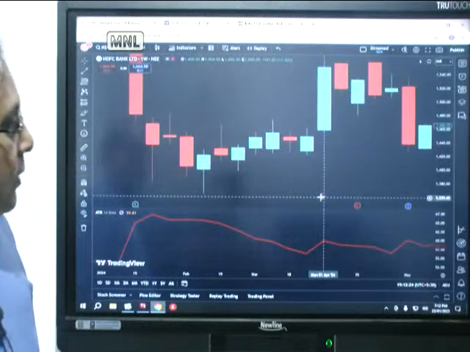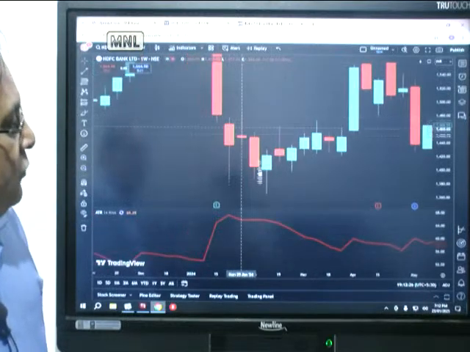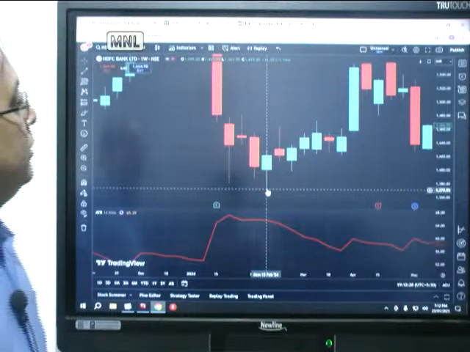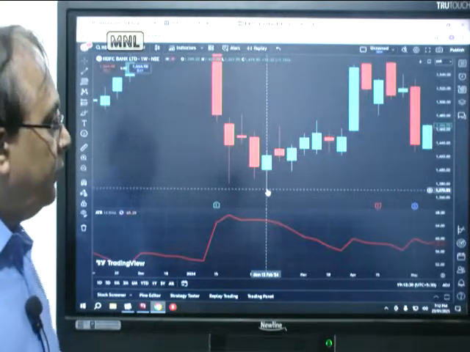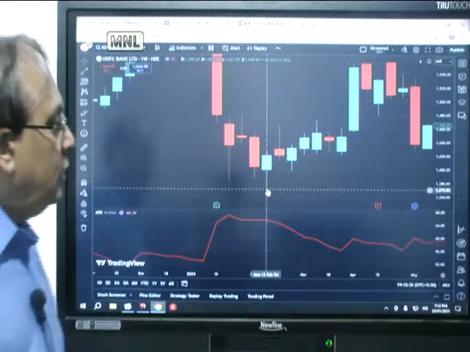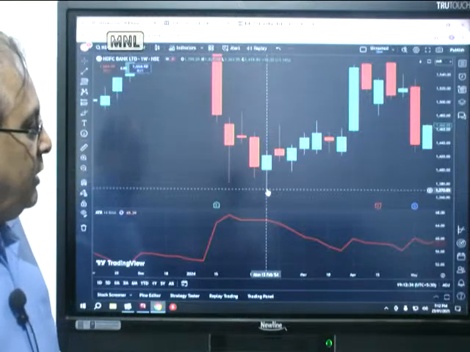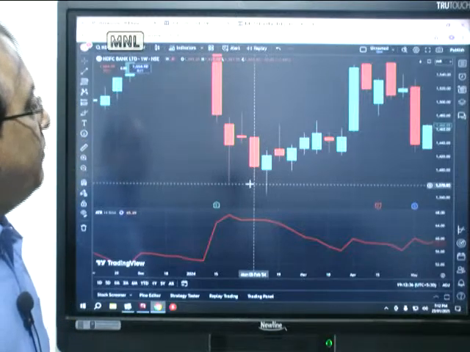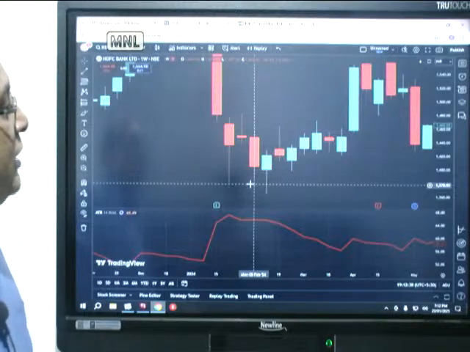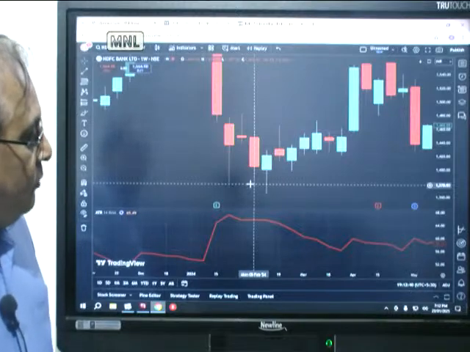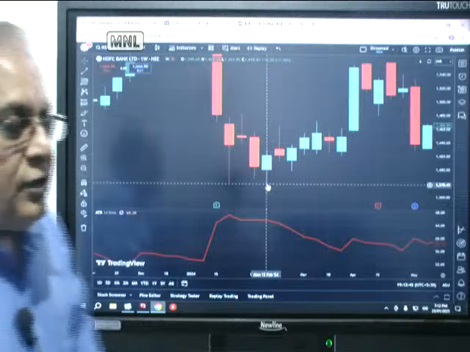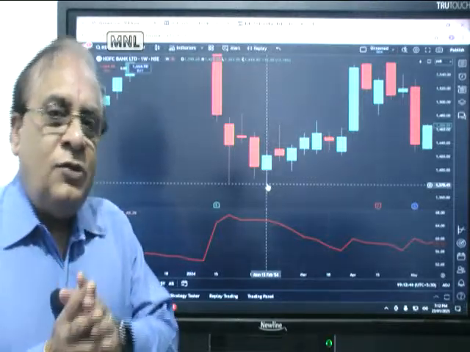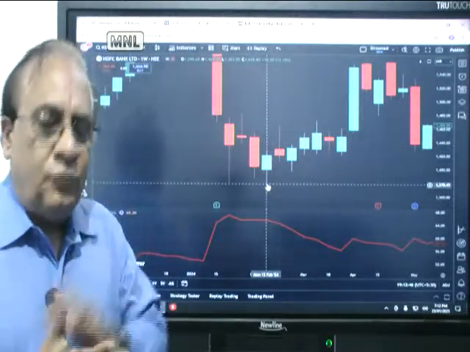In this case, see this week the low was 1363. Now look at the previous week. The previous week low was 1387. Now this week the low is 1363, which means 24 points, almost 2% lower than the previous week.